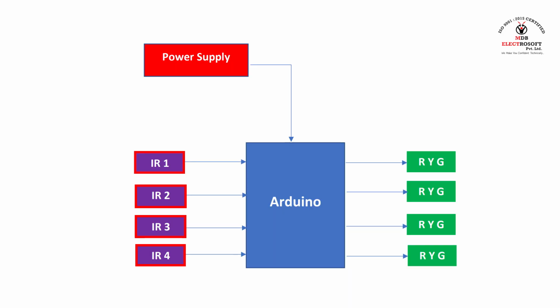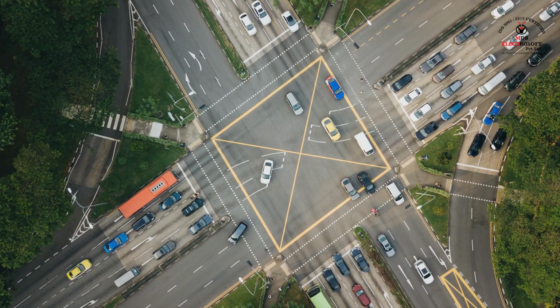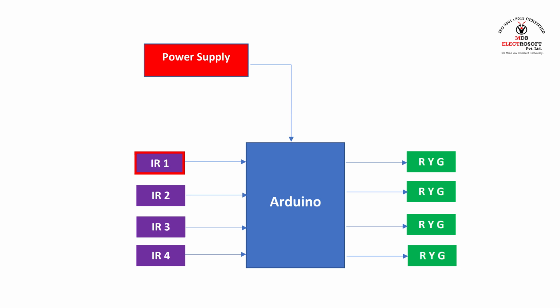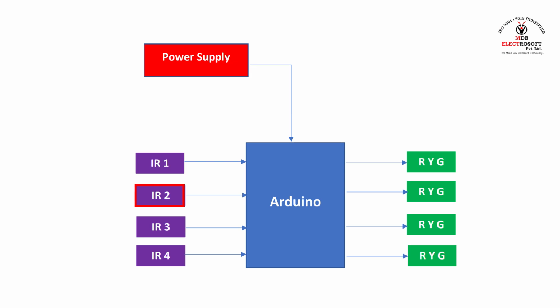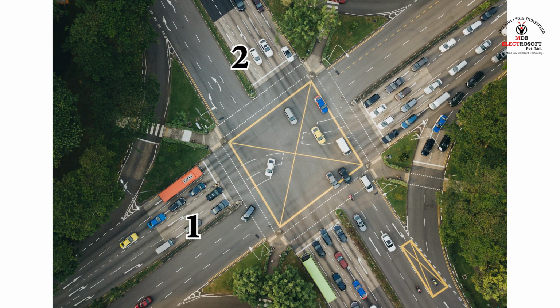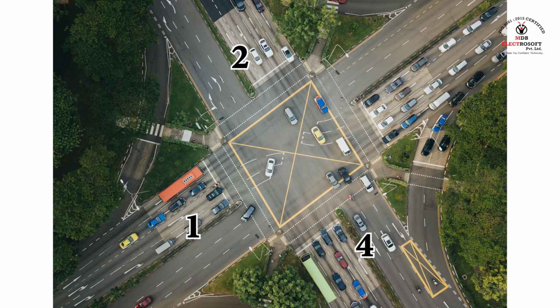Here we have multiple IR sensors, like 4 IR sensors for 4 streets of the road. Here IR1 will be connected to the first street of the square, IR2 will be connected to the second entry street of the square, the fourth will be connected to the fourth entry street of the square, and the third one will be connected to the third entry route of the square.